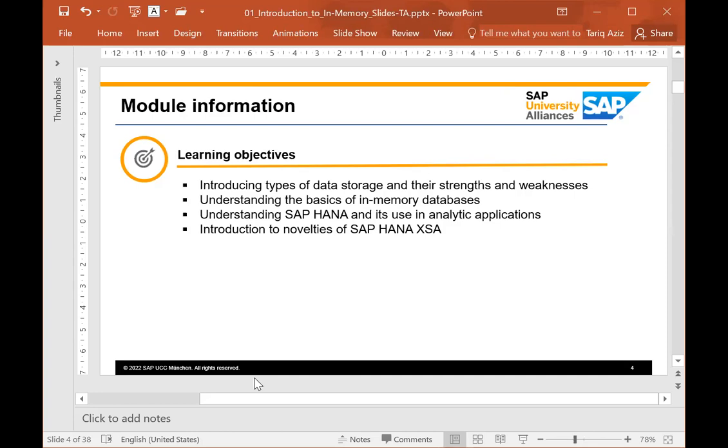We'll try to understand HANA and its use in analytic applications and in reporting, and we'll see what the new functions of SAP HANA XSA, extended server, applies.